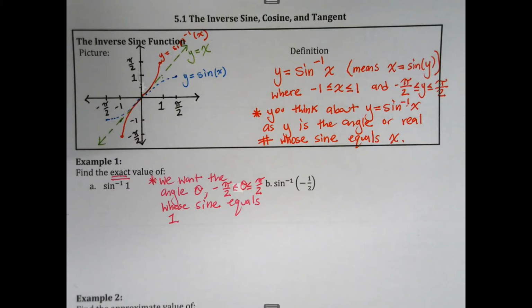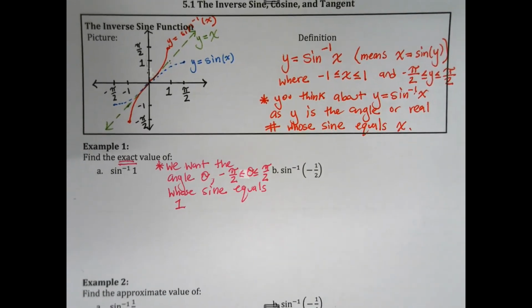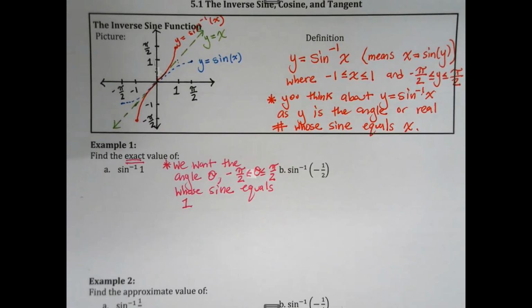The same process and the same thinking goes into this. However, instead of giving all of the options that are possible, we have a restricted domain. So we only have a finite number of values that are useful in this case. Anything between negative pi over 2 and positive pi over 2.